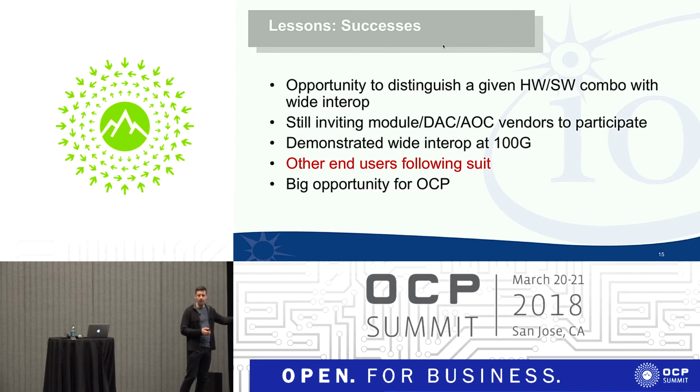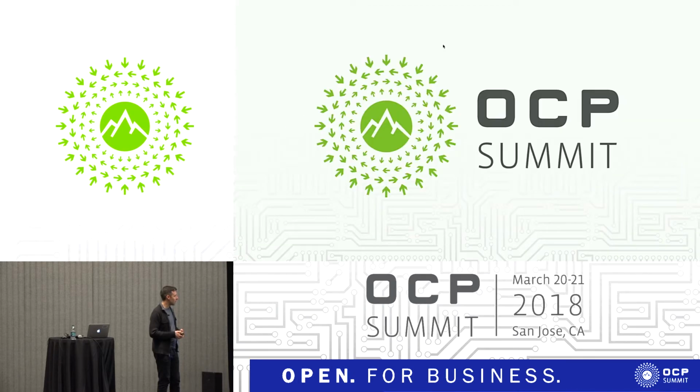I view that as a really big opportunity for OCP. So in terms of promoting the idea of open hardware, of promoting the brand of OCP, there's a lot that can be gained here by continuing to do this kind of interoperability testing and make it so that OCP itself could be known as an interoperable technology and interoperable community. So a lot of successes from that.